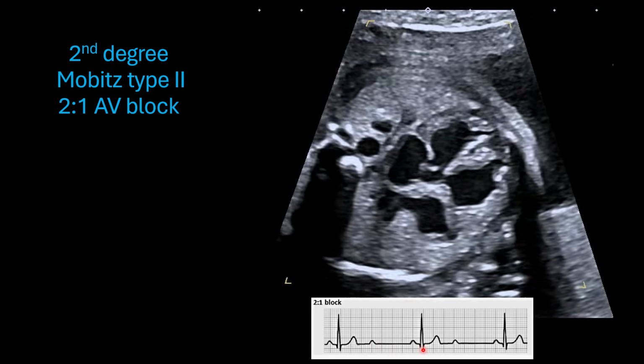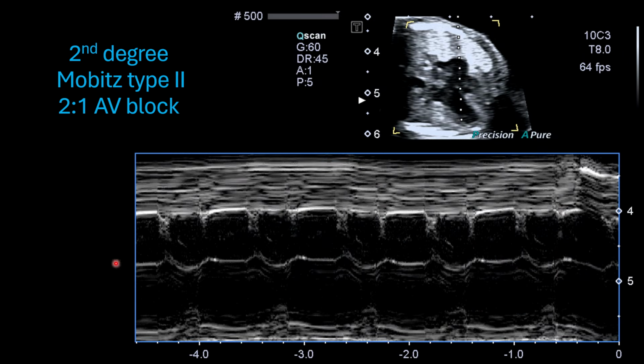And so this goes on throughout the entire rhythm, where you see what looks like 2-to-1 blocked PAC without conduction, when actually you would look at the A to A intervals and they're all regular and consistent, and you have a conducted sinus beat, and then you have a blocked sinus beat, and then this goes on throughout the whole rhythm. So 2-to-1 Mobitz type 2 AV block.